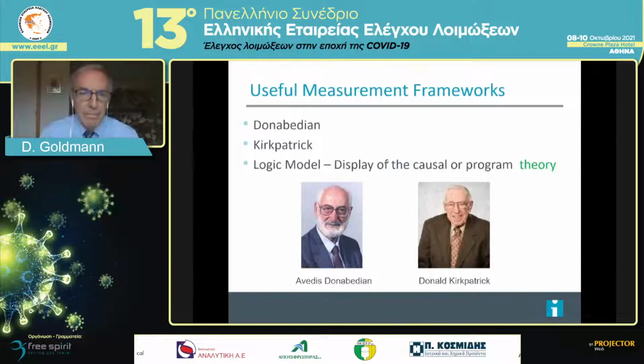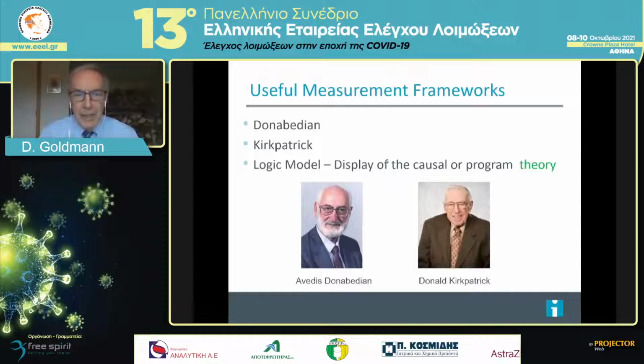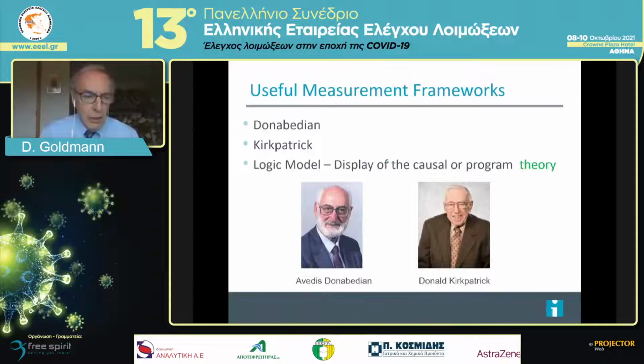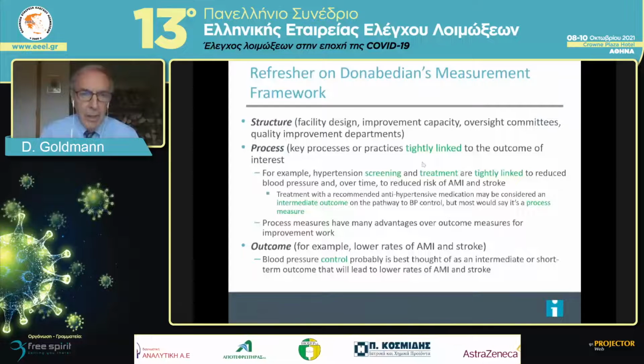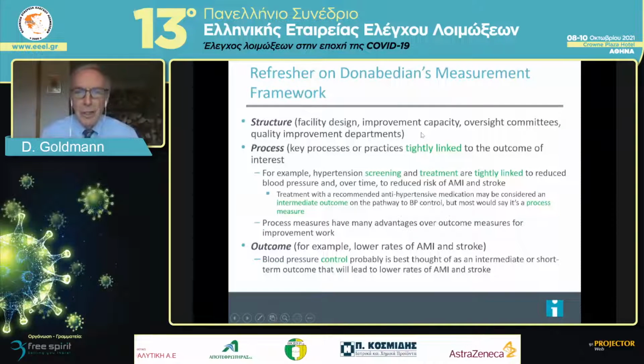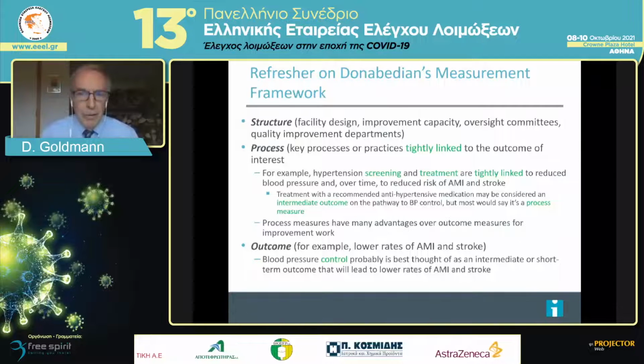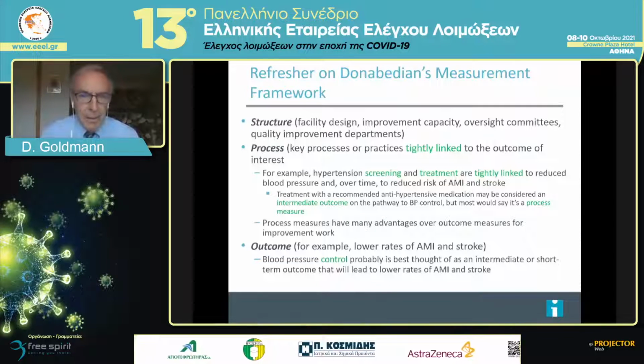So just a refresher, and you probably all know this, Donabedian said there are three types of measure: structure, process, and outcome. Structure, things like the facility design, the number of infection preventionists you have, the committees that you've set up.